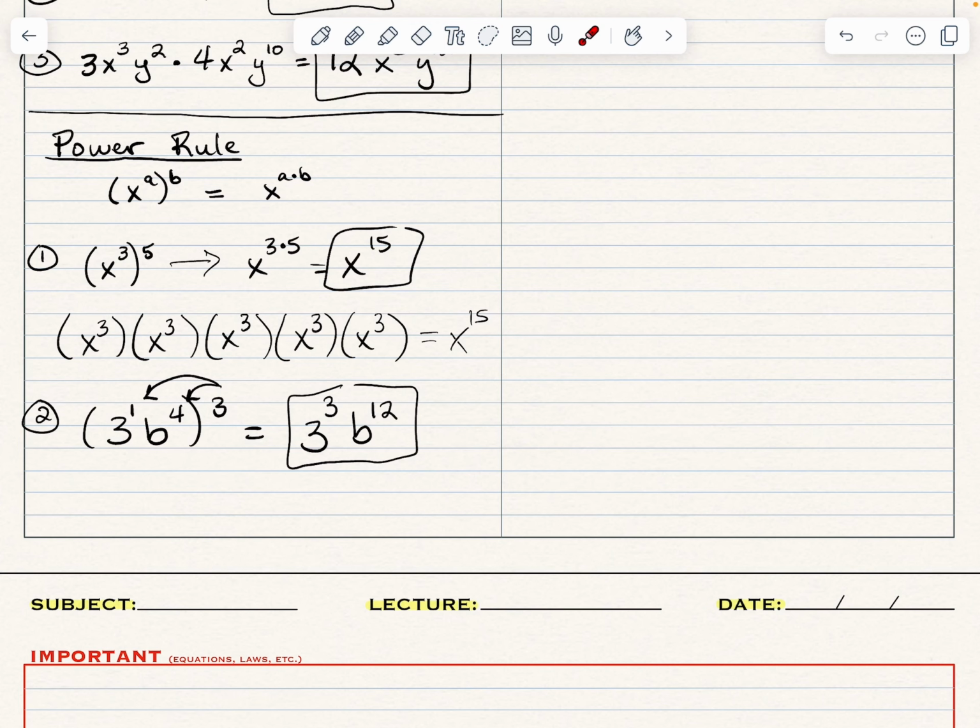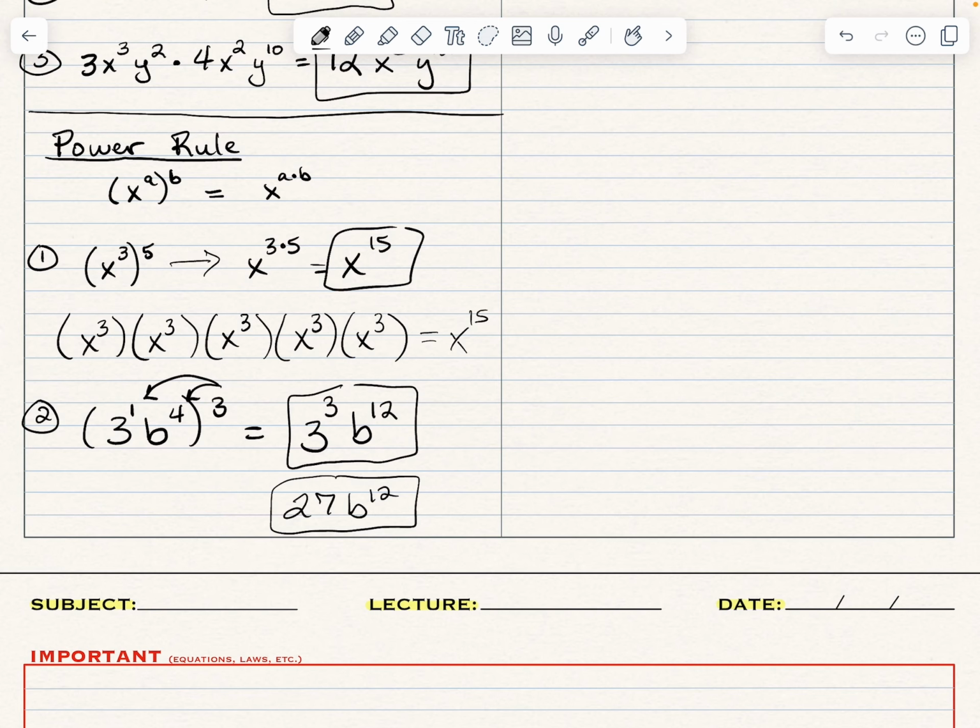Sometimes on a multiple choice test, you might see where they have worked out 3 to the third power, because you can multiply 3 times 3 times 3, right? 3 times 3 is 9, 9 times 3 is 27. So you might see it listed like this, or they might go ahead and multiply those out and have the whole number 27 in front of the b to the 12.